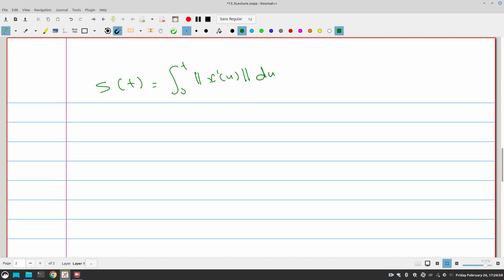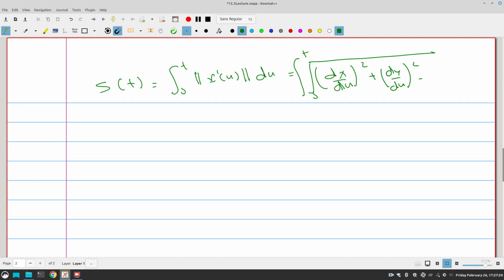Of course, which is the same as the integral from 0 to t of the square root of (dx over du) squared plus (dy over du) squared plus (dz over du) squared.